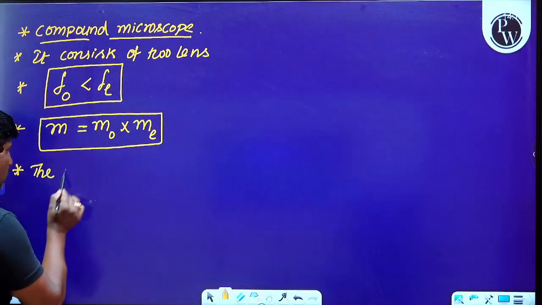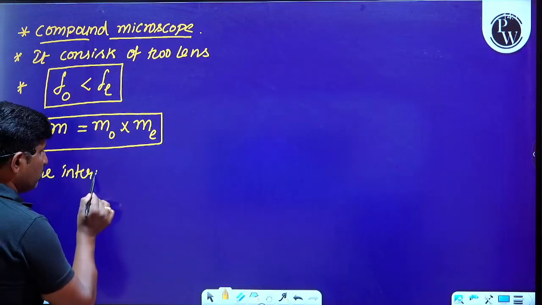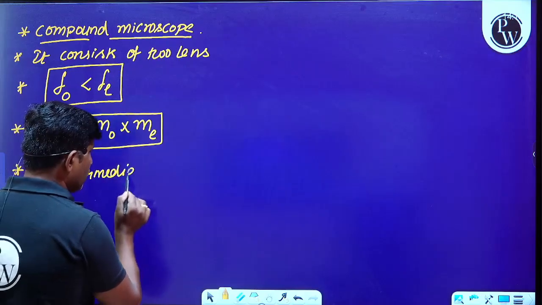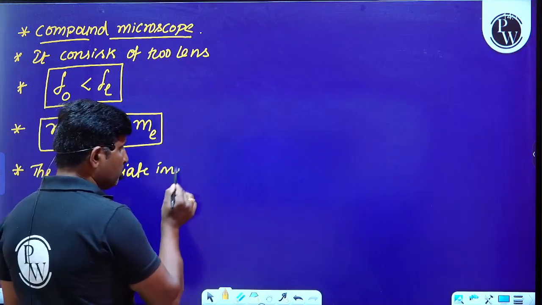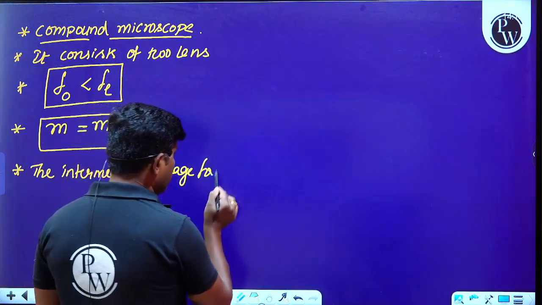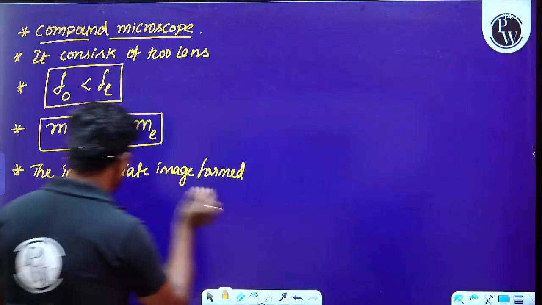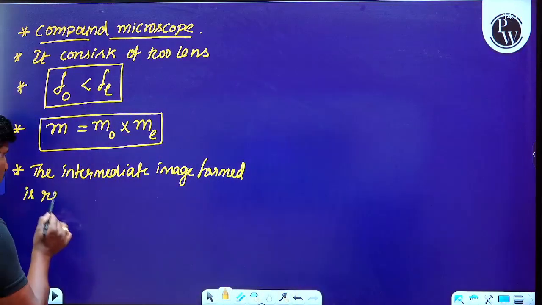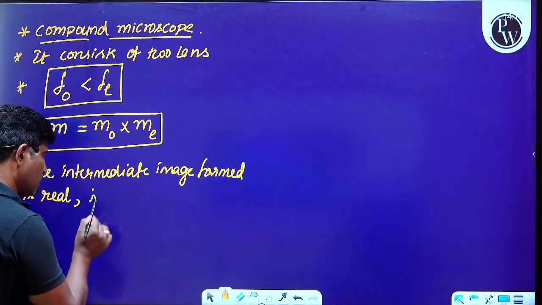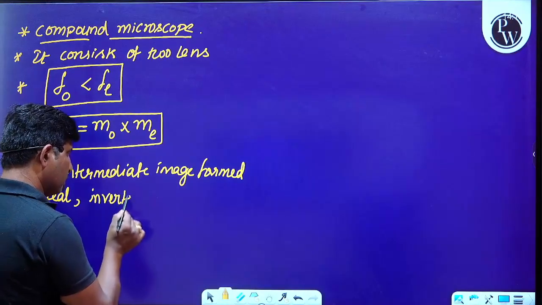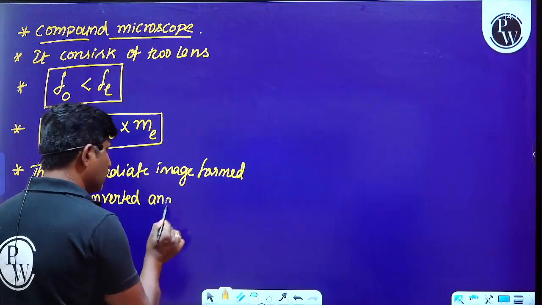The intermediate image formed is real, inverted and enlarged.